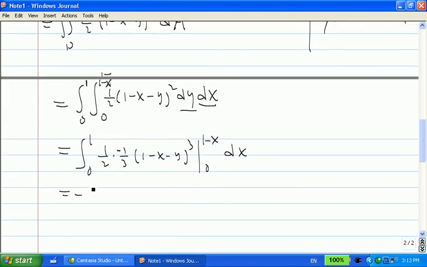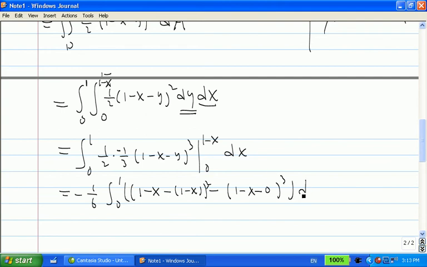So this gives you negative 1 over 6, from 0 to 1. This is the integral with respect to y. Whenever you see y there, replace it by 1 minus x, squared, then minus the third, then 1 minus x minus, replace y by 0, to the third.